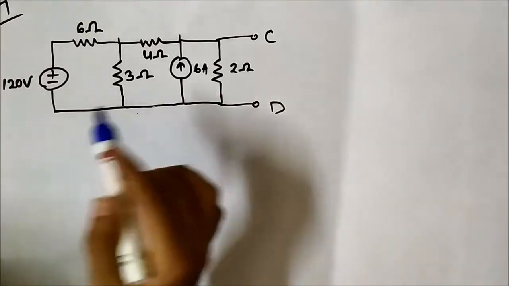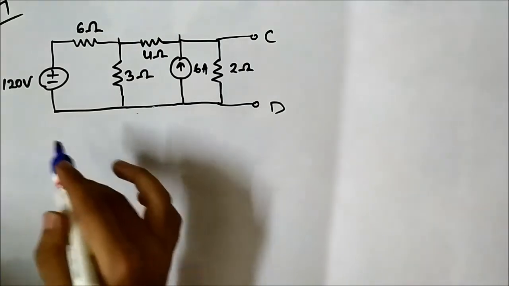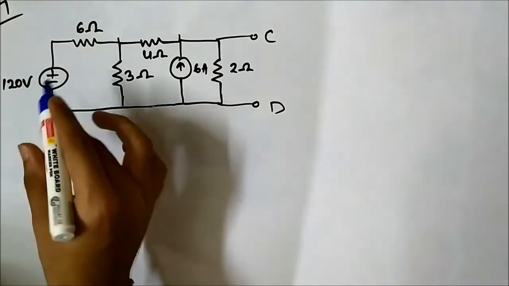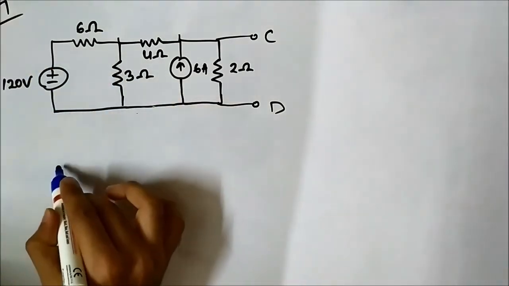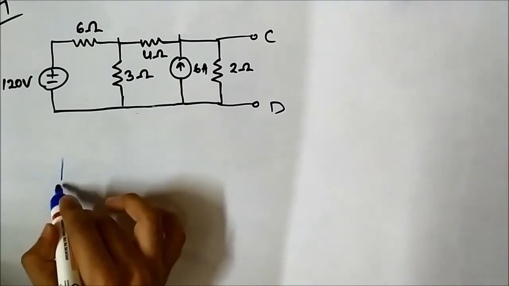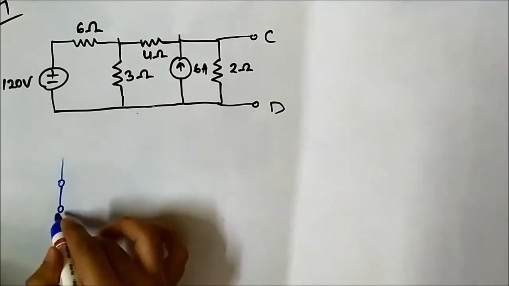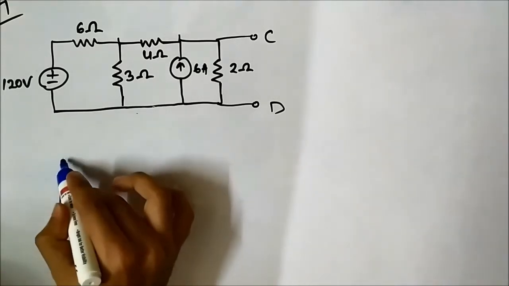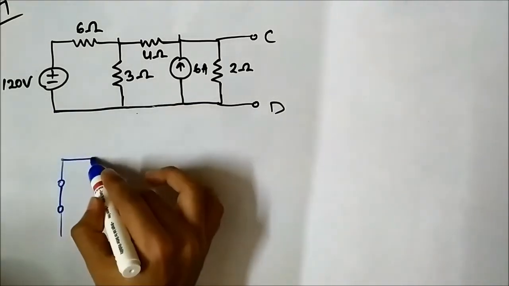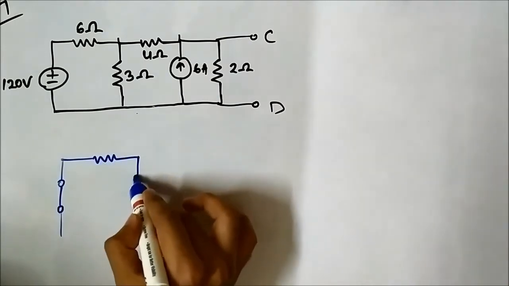For that we have to deactivate the independent sources. The voltage source of 120 volt will be short circuited, and the current source will be open circuited.